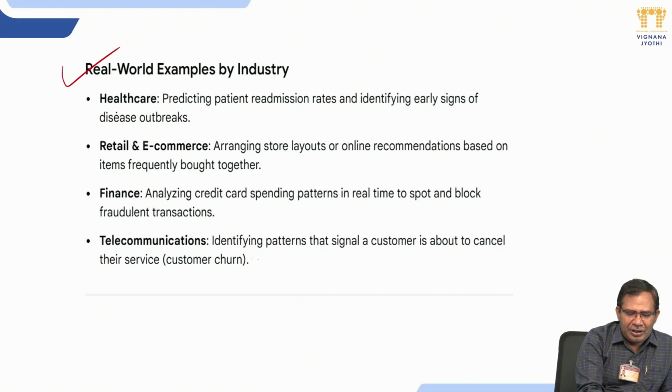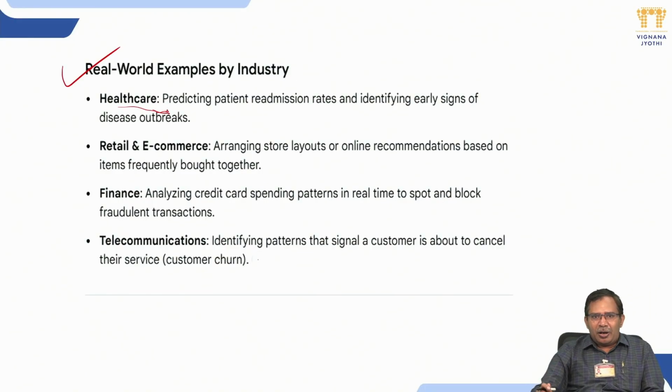Then we will deal with healthcare, which is a very prominent domain, where predicting patient readmission rates and identifying early signs of disease outbreaks is going to save a lot of time, reduce the effort, and reduce the monetary value involved, and that saves the lives of a great many people.